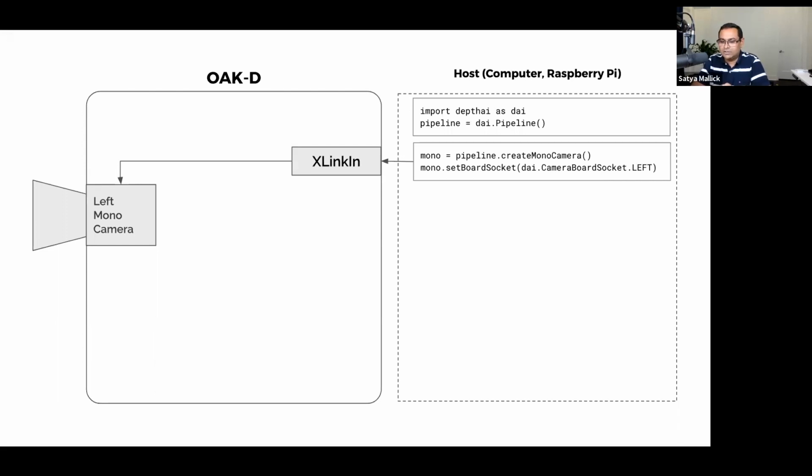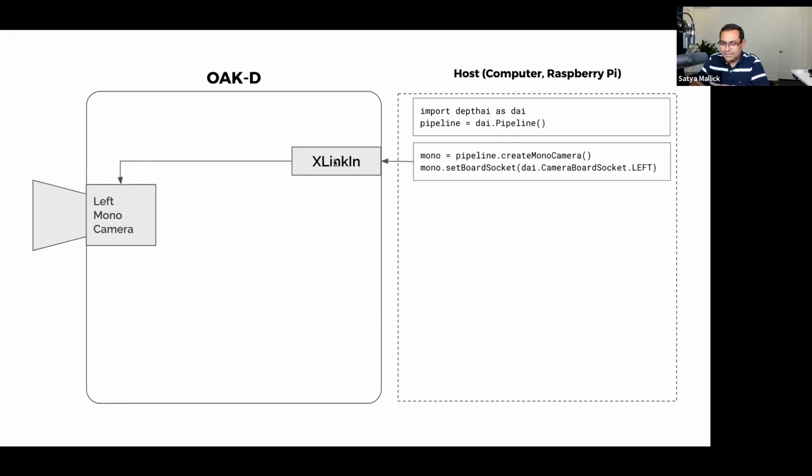So we created this mono, and then we use this code: mono.setBoardSocket. It's slightly cryptic. I wish slightly different words had been chosen, but that's fine. This is the way to say that I want to access the left camera. Internally, an XLinkIn node has been created, which means that now we can communicate through this node with the left camera.